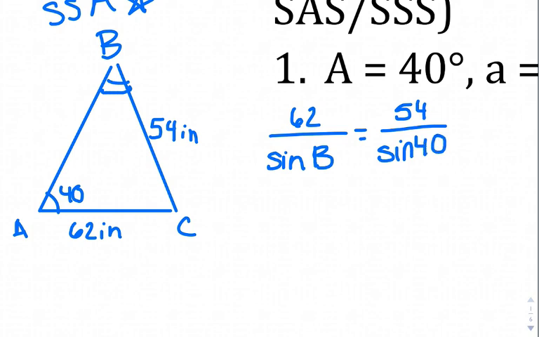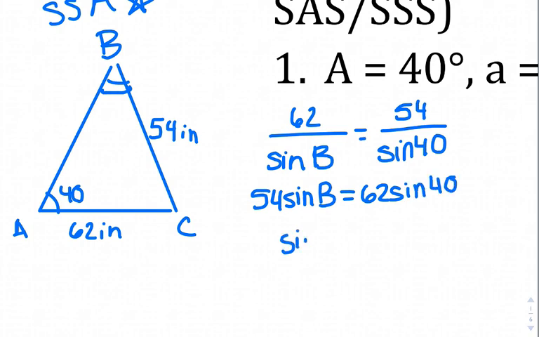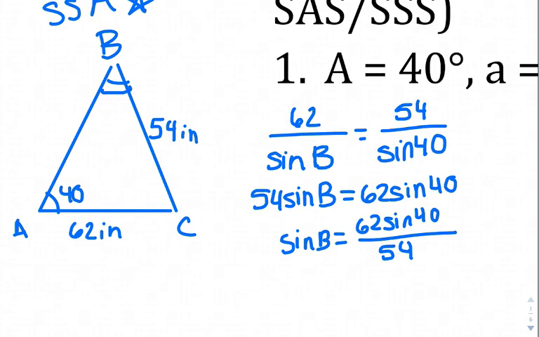Now to solve for B, I'm going to cross multiply first. So it's going to become 54 sine B equals 62 sine 40. And then I divide both sides by 54. So I'm left with sine B equals 62 sine 40 over 54. I get to this part and then I have to recall, how do I separate sine and B?